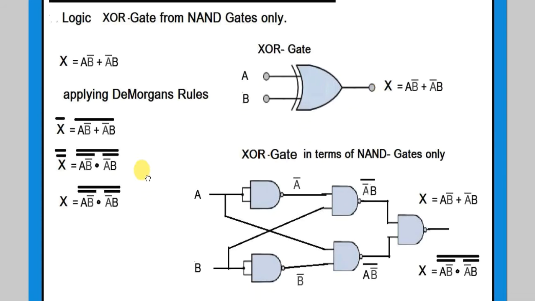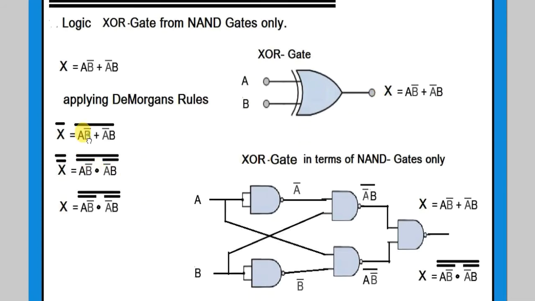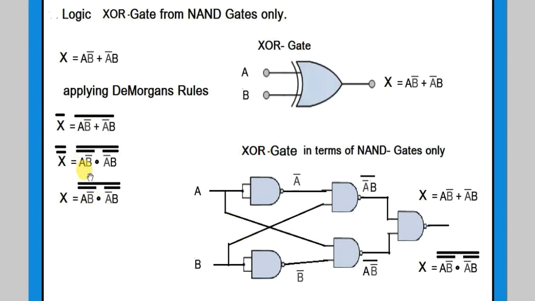Then, applying De Morgan's theorem, we take the complement and again the double complement of that. The first complement is applied, that converts OR to AND, and then the second complement we get this.